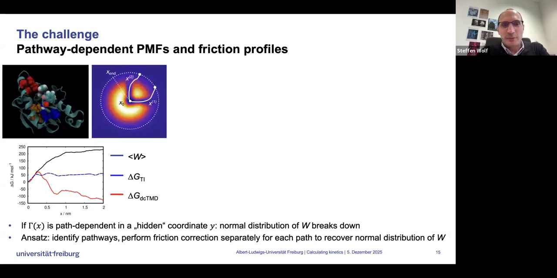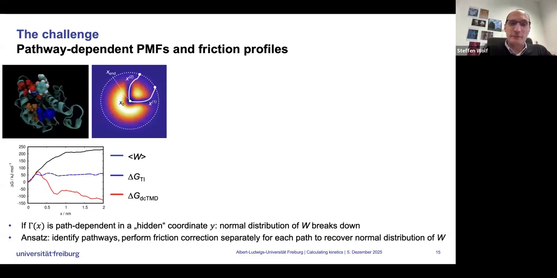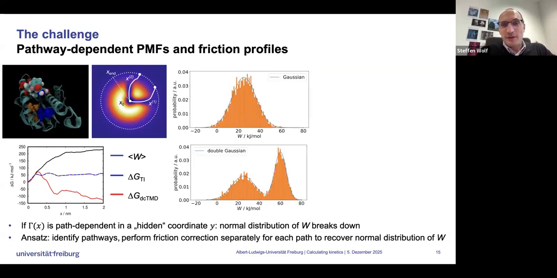What is that? Now, the problem here is that ligands can unbind along different pathways from the binding site. Along different pathways, you have different contacts with the surrounding protein, and that means the friction is going to be different. So even though the work distributions along one pathway might be Gaussian, if you then just combine all the data about both pathways into one single analysis, you will see the appearance of a double Gaussian.